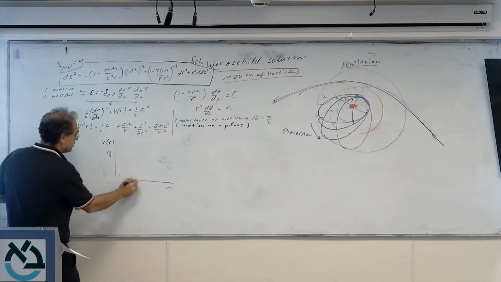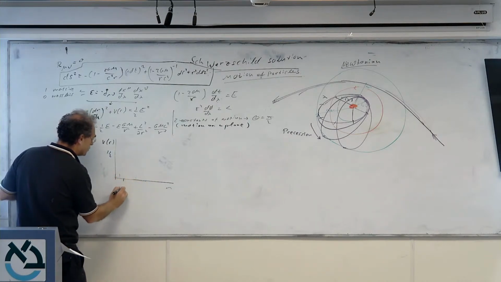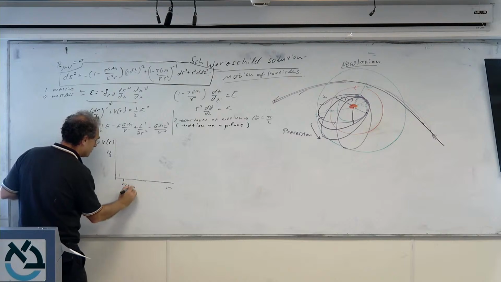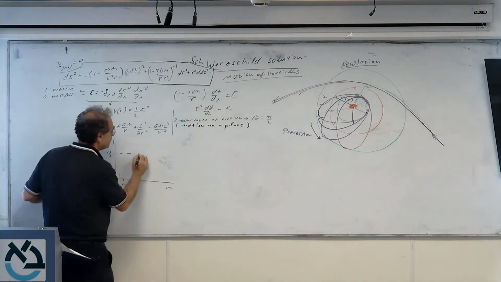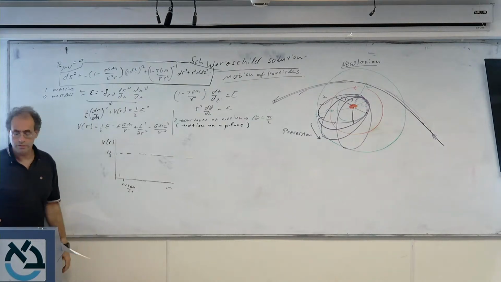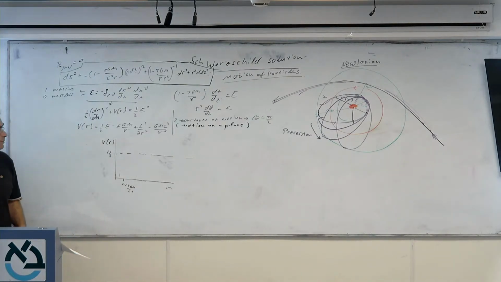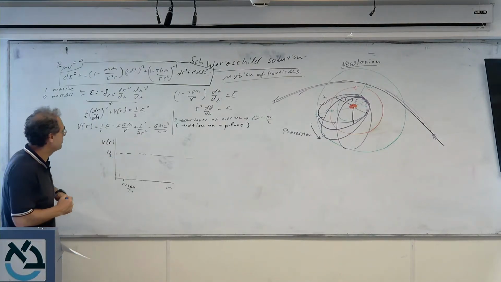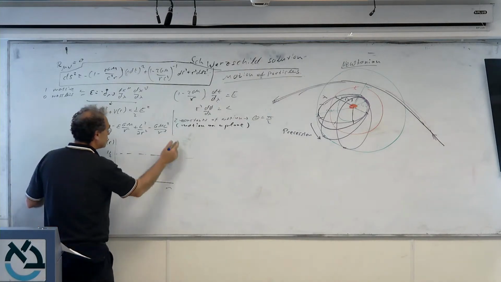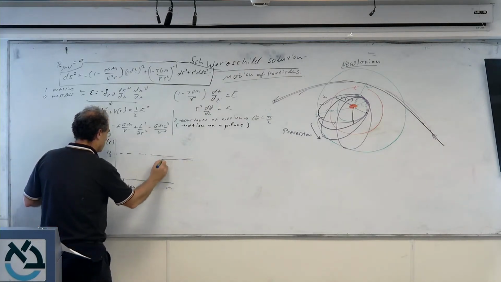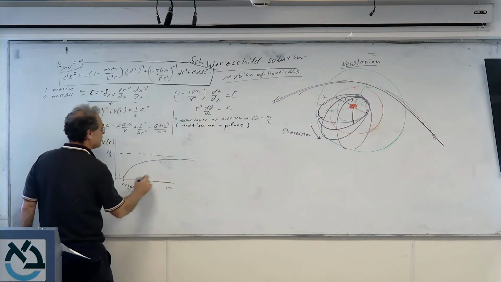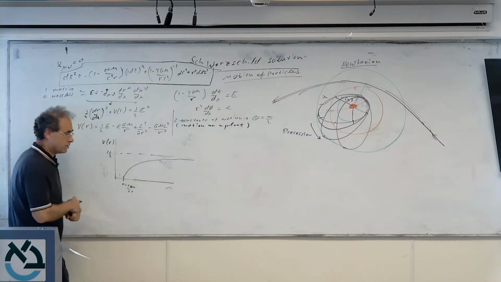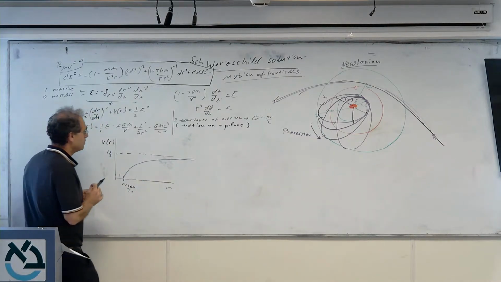Then the potential would go to 0 at R equal to GM over c squared. Asymptotically, as R goes to infinity, it will still approach the same. The way it behaves depends on L. If L is small, it could go like that, and if L is large, it would go something that looks similar to this.